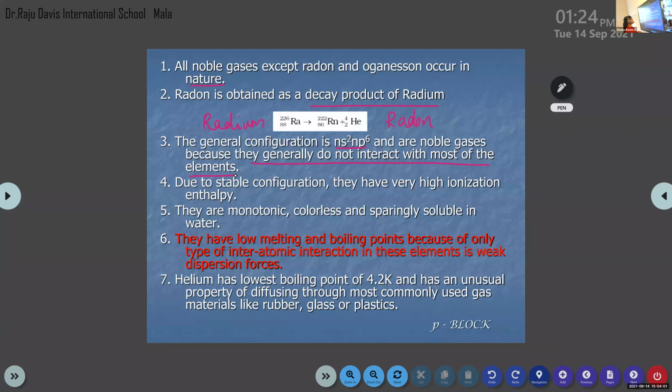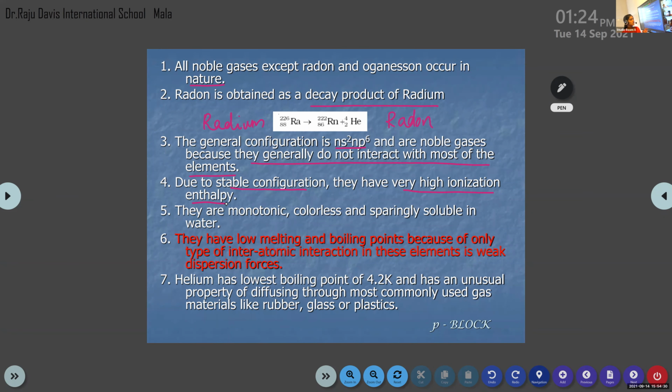Due to their stable configuration, they have very high ionization enthalpy. They are already stable, right? But other elements take part in chemical reactions to attain stability. In the case of noble gases or inert gases, they are already stable. So high ionization enthalpy is required to remove an electron from the outermost shell.